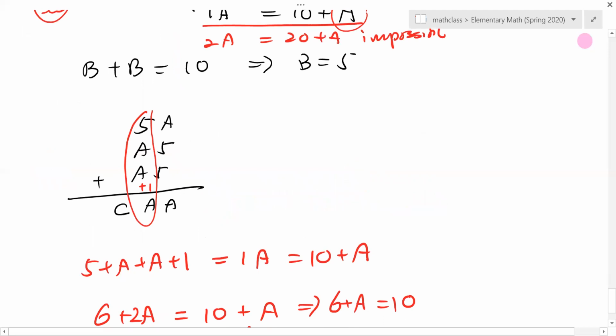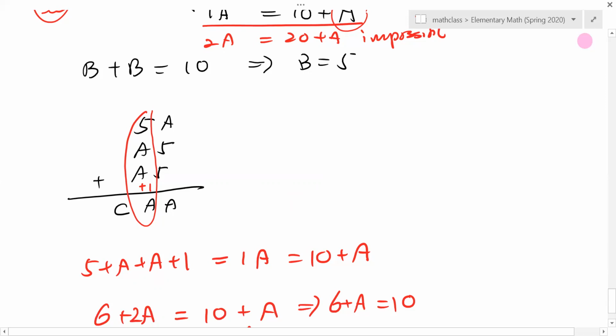You already take care of the last column, so don't worry about the last column. Then you look at the second column, right? When you see that, don't forget you get 1 from the computation of the units digit.